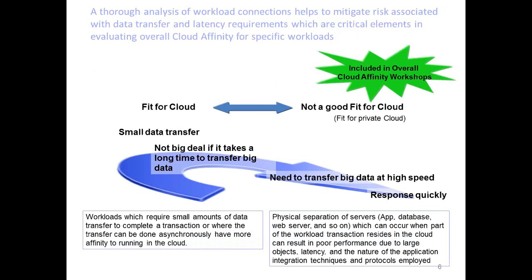For example, they're interested in having their systems of engagement in the cloud, but the systems of record, for whatever reason, security, regulatory compliance, need to remain on-premise. And so that creates a physical separation and introduces network latency. And potentially that network latency could cause an impact to the response time. So the concern becomes, what is that impact going to be?